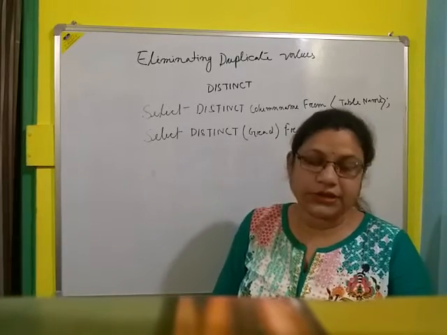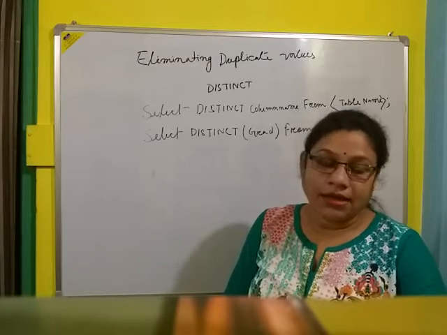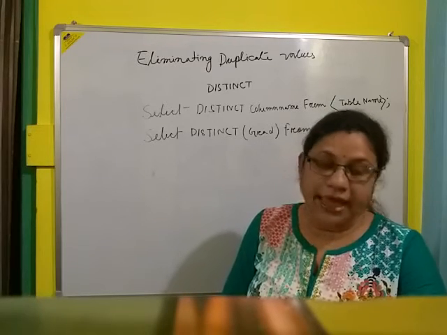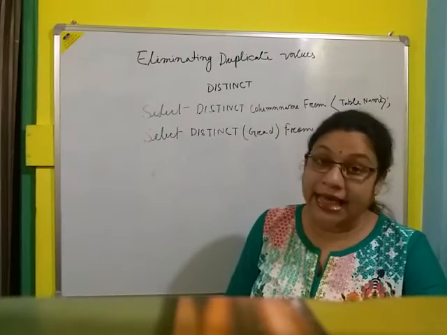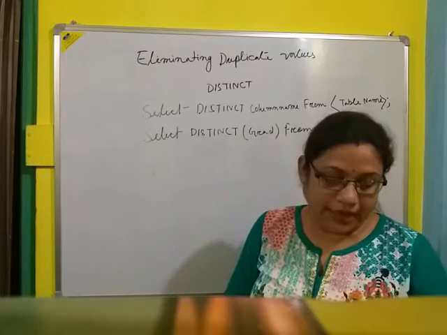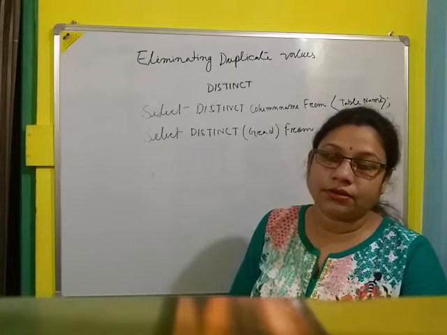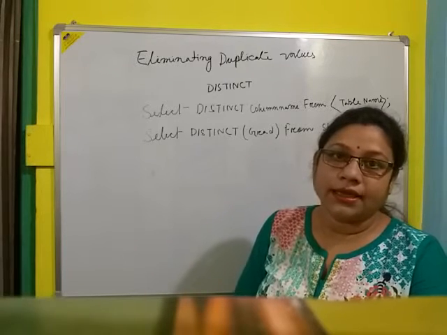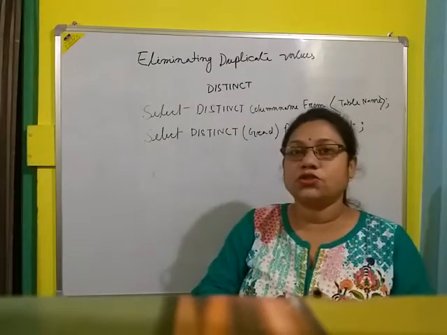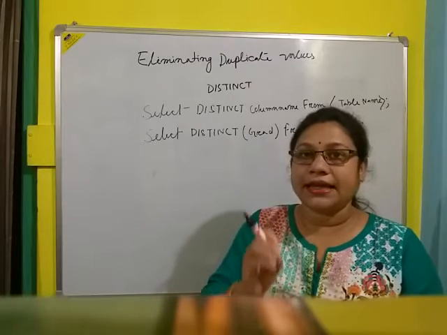There you can notice a column or field name that is grade, and below the grade we have some unique values: A1, after that null, after that B1 and A2. These values are displayed for the grade column. So this distinct command helps us to delete all the duplicate values and only display the unique values on the computer screen.